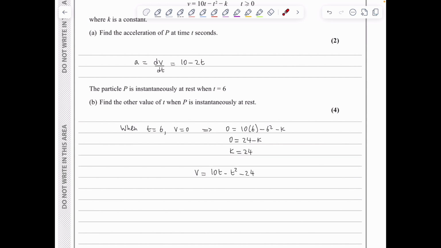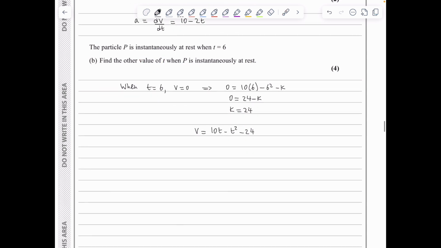Now I'm trying to find the other value of t for which P is instantaneously at rest. So we need to solve v being equal to 0, which means we're looking at 10t minus t squared minus 24 is equal to 0, and therefore 0 is t squared minus 10t plus 24, which factorizes into (t minus 4) times (t minus 6).